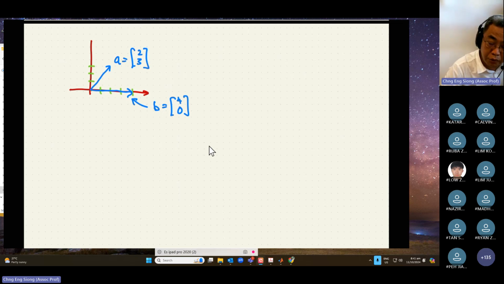So I want to show you the projection of A onto B versus the projection of A onto B hat. What is B hat? Someone tell me what is B hat, guys, please.